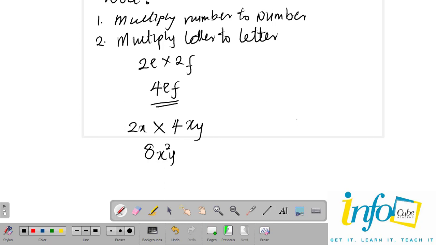So in other words, what I did is x times xy gives you x squared y. Now why is this squared? If you look at this, you have 2x here. This x has a power of 1. This x has a power of 1. Just add the 2 powers, you have 2. So that is how I got x squared y. So this becomes your answer.